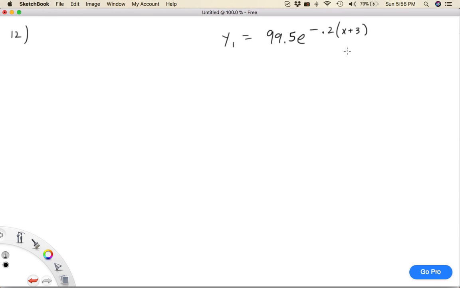Again, because we have an e to the negative power, we're basically talking about an exponential decay function here. So I'm not sure what the starting value is in this case, but our graph should look something like this.